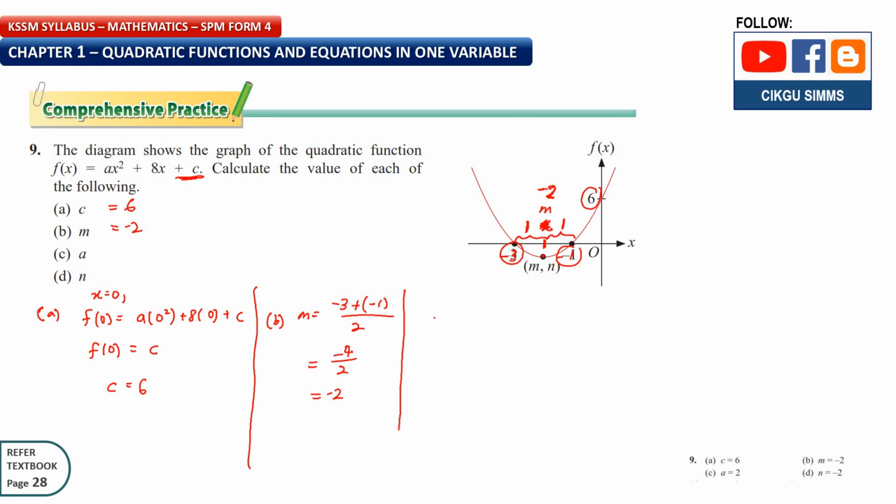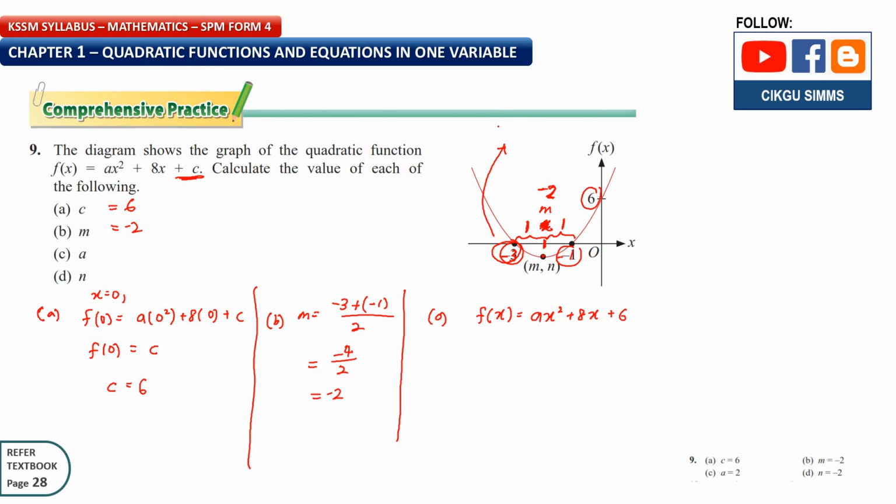So what about the value of a? Okay, so f(x) equal to ax squared plus bx plus c. I know my c is 6. Okay, so actually I can choose one point, any point you want. For example, I choose this point, -3, right? I write its coordinate.